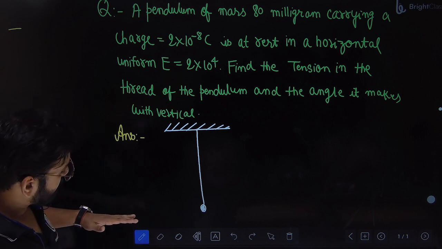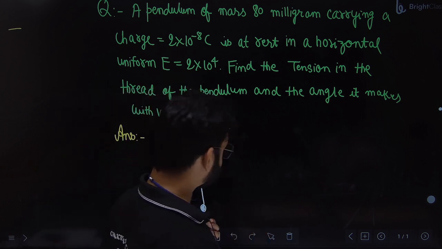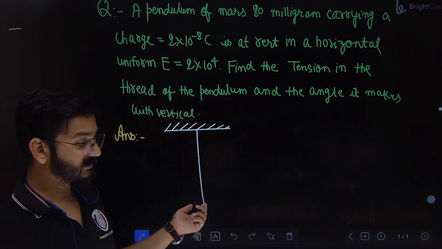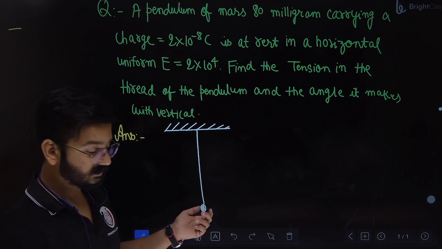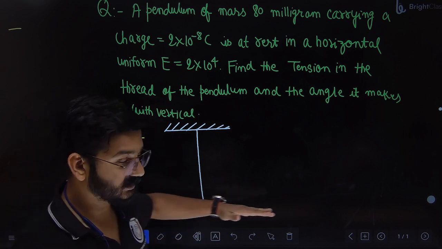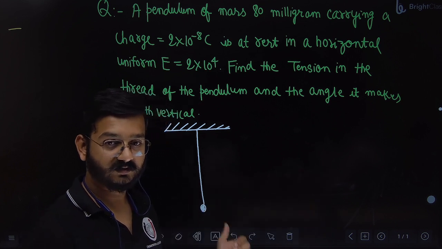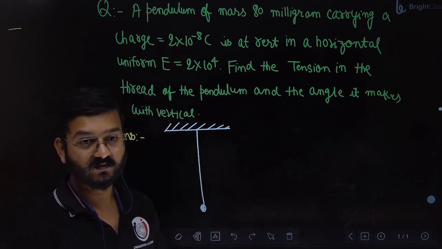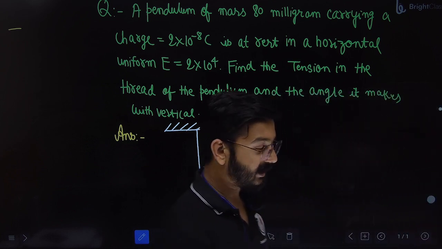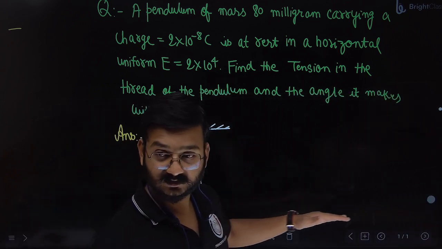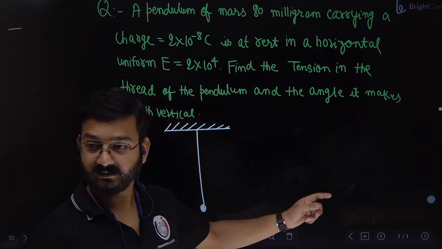So the electric field is in the horizontal direction. What will happen to this pendulum? This pendulum has a positive charge. All of you see on the board. The electric field is moving like this. What will the electric field do on this charge? Apply a force. Charge is positive, so the force will be in the same direction as the field.